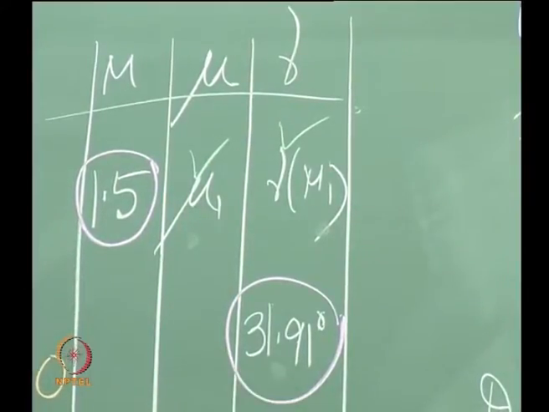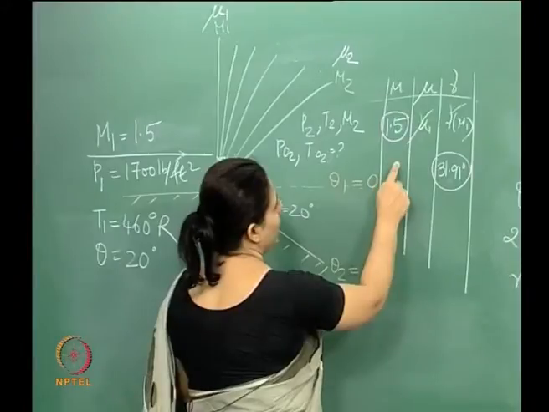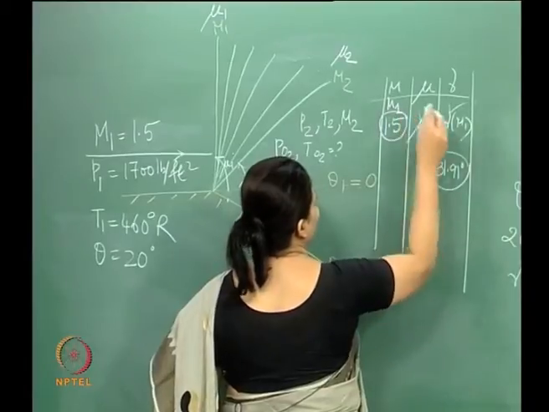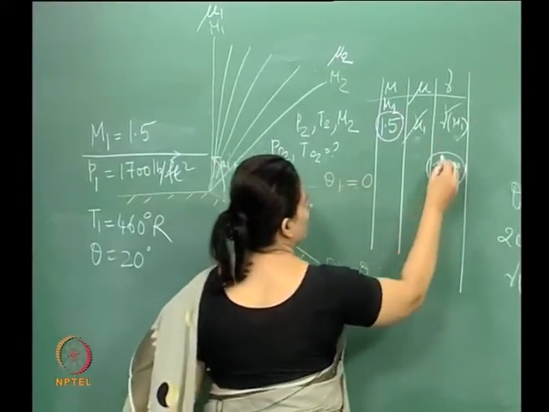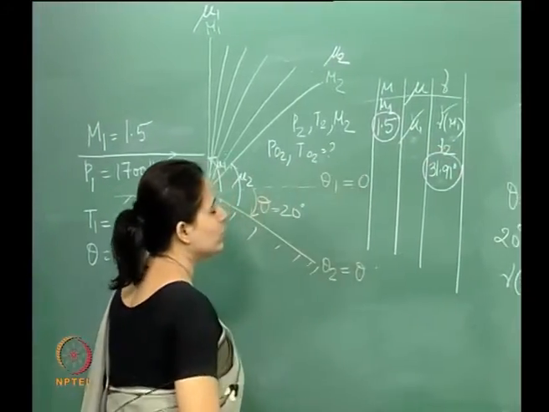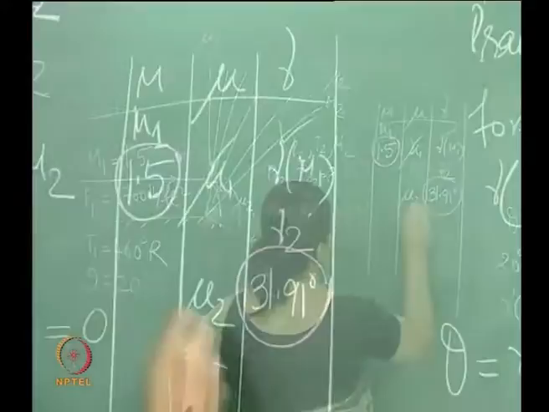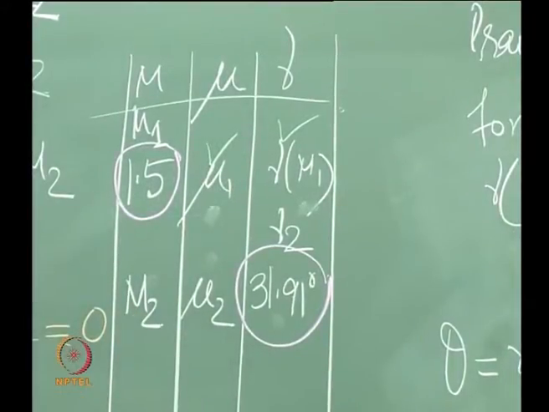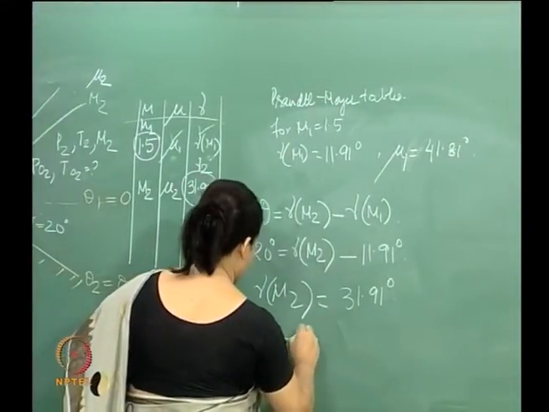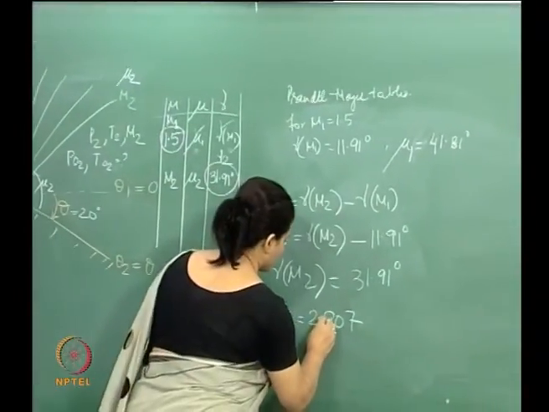So, corresponding to the Prandtl-Meyer function, we'll go the reverse way and find M2 and mu2. So, what we find is that the corresponding Mach number is 2.207, around basically 2.21. Okay.